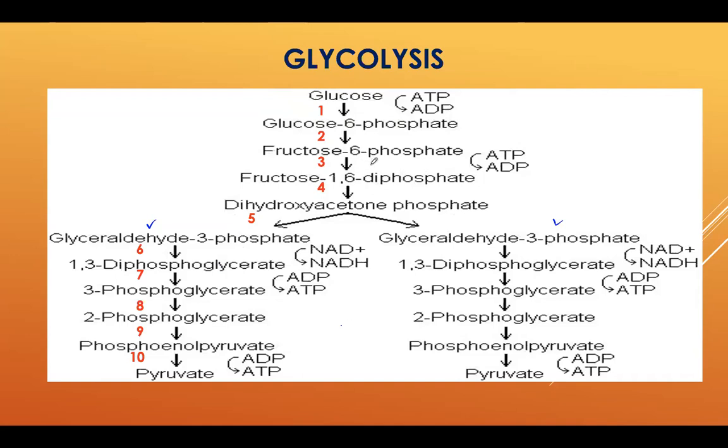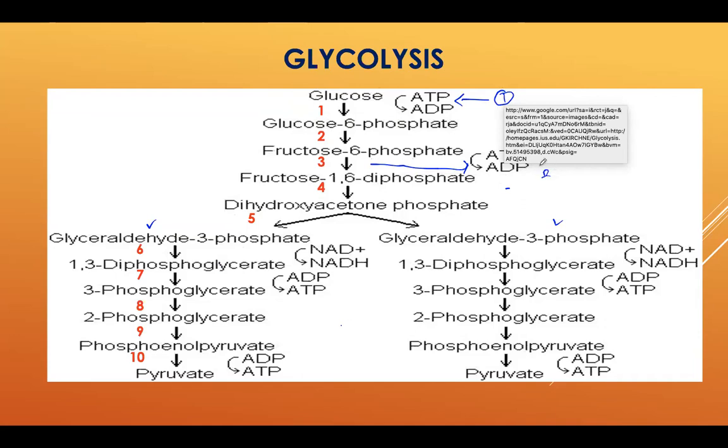Now, during the 3rd stage over here, we need to use ATP. Okay, and at the 1st stage also we are going to use ATP. So we use 1 ATP over here, and this is the 2nd ATP we use. So we use 2 molecules of ATP, like the ATP we made beforehand, so that stored ATP.